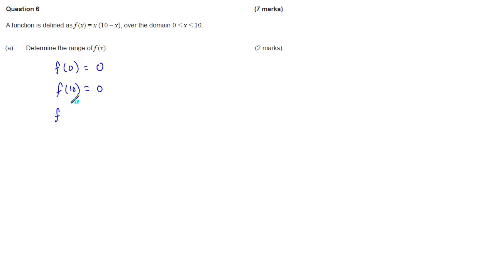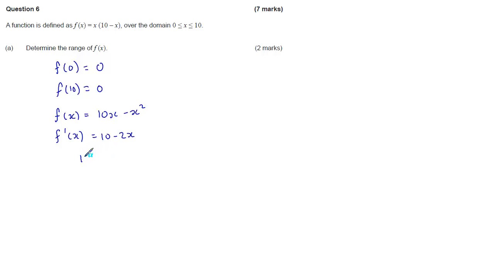Now, you could use the fact you know this is a quadratic and use symmetry. Or what we could do as well is just expand out and use some calculus. Differentiate it, and that's going to give us 10 minus 2x.